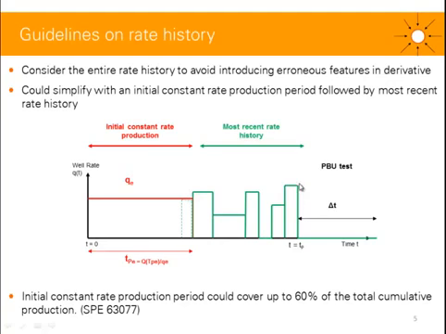At this point we've got our total cumulative volume before the PBU, and we take 60% of that, and that will fit with this initial constant rate production period. If we take 100% of the total cumulative production, then we will end up with only one constant rate production period just before the PBU, and that will introduce some erroneous features on the derivative, as we saw on the previous slide.